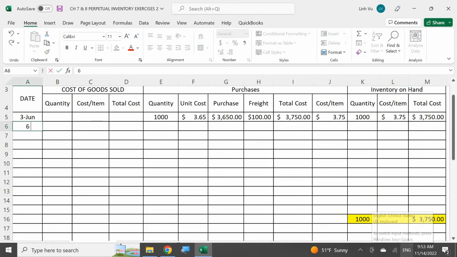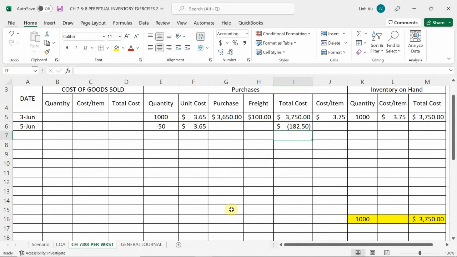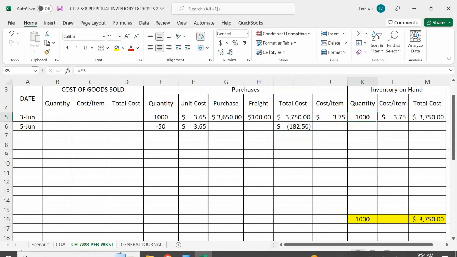So today is June 5th, right? This was a purchase that we are refunding. You're refunding 50 units at $3.65. So therefore, right, you can't return freight. So your total here is going to be that $182.50.